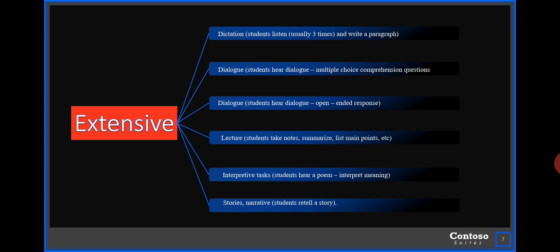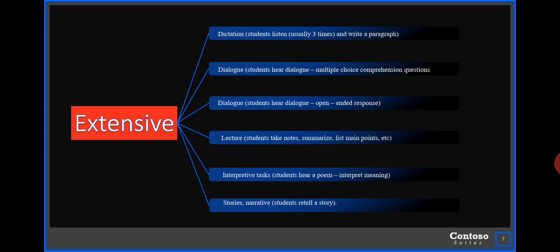Students listen usually 3 times and write the paragraphs. The next is dialogue. Students hear the dialogue and answer multiple choice comprehension questions. The next is dialogue. Students hear the dialogue and give an open-ended response. The next is lecture. Students take notes, write summaries, list main points, etc.